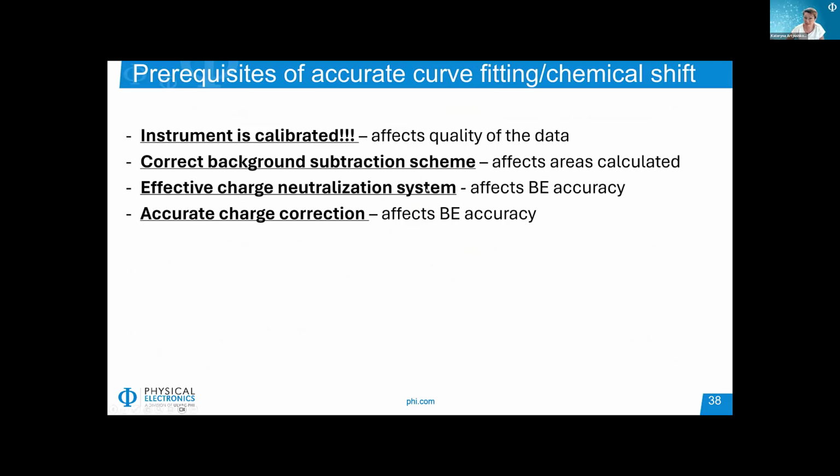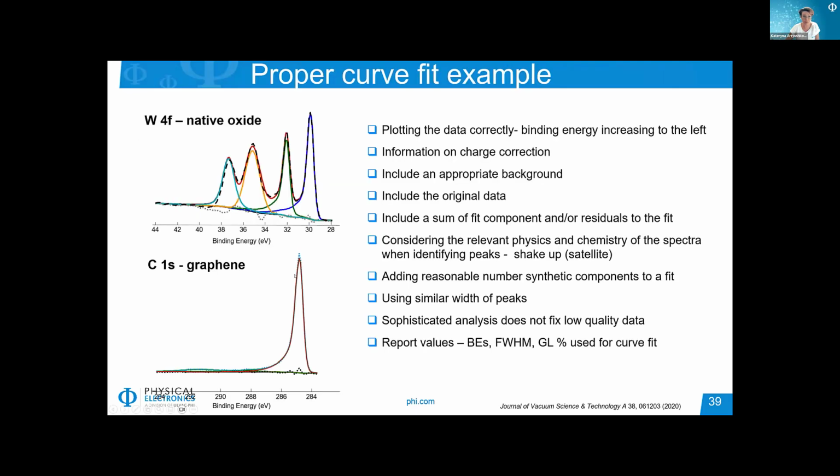An effective charge neutralization system will affect the binding energy accuracy and therefore your identification. And charge correction. This was the number 2 most challenging issue, and I'm not going to address it here, but I'm going to leave some references at the end of my talk. So all of this assumes that we've taken care of that before we actually try to curve fit the spectrum.